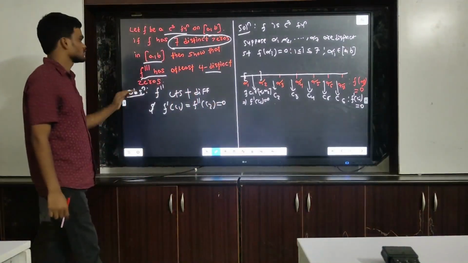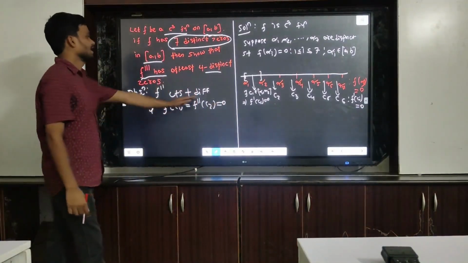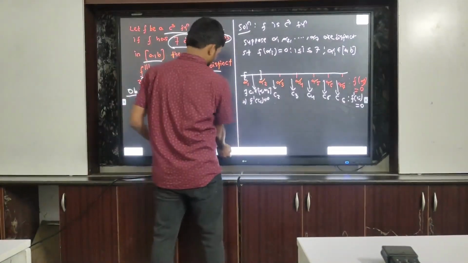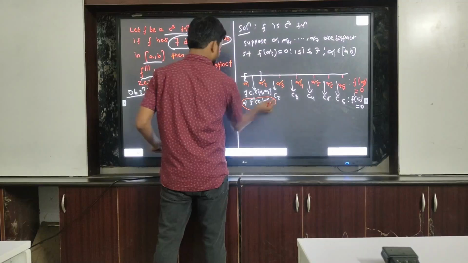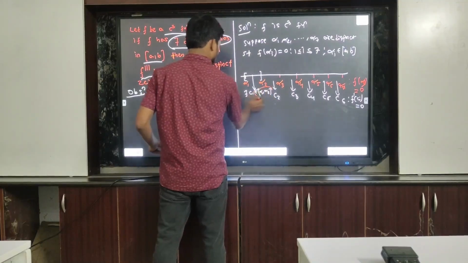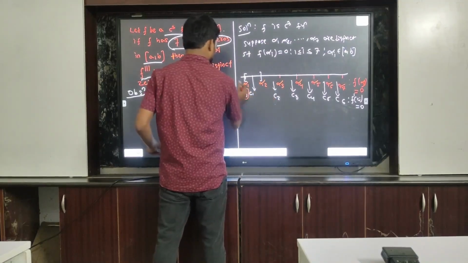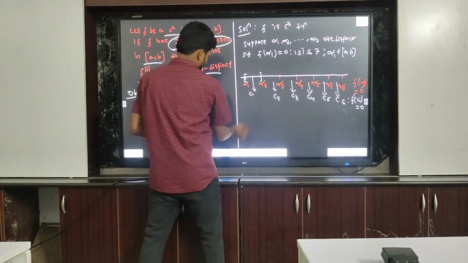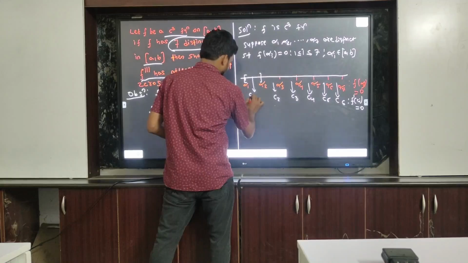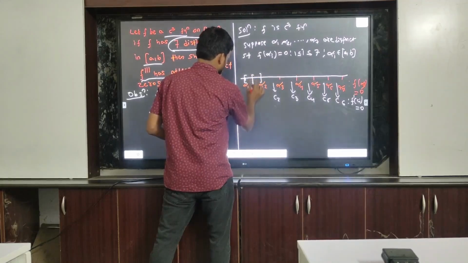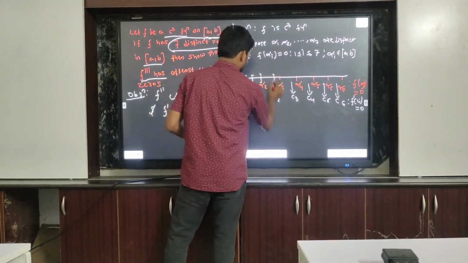That means by Rolle's theorem, continuous and differentiable at the endpoints like this. You understand, right? So in between C1 and C2, this is a new interval.